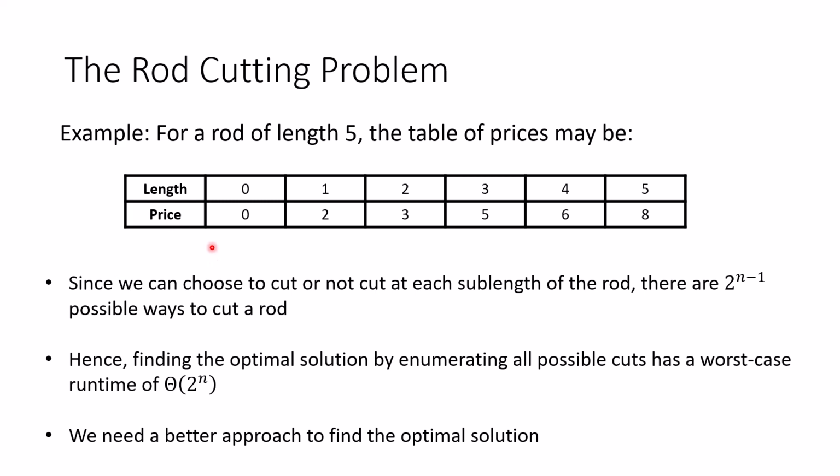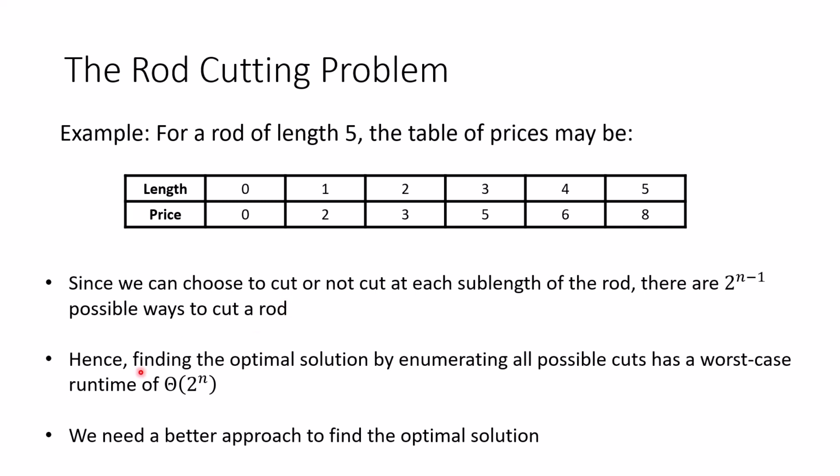At length 1, you can either choose to cut or not cut the rod. You can go to length 2, you can choose to cut or not cut the rod. And since there are n minus 1 places that you can choose to cut the rod, and you have 2 choices for each, that's going to result in 2 to the power of n minus 1 possible ways to cut a rod of length n.